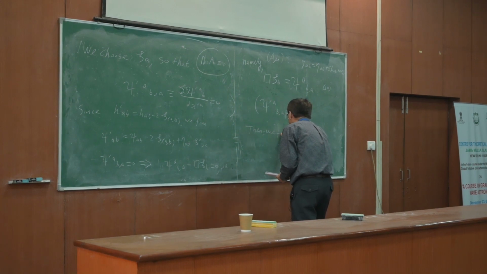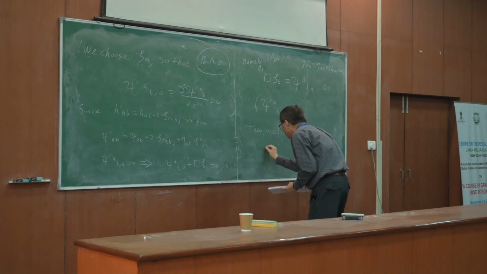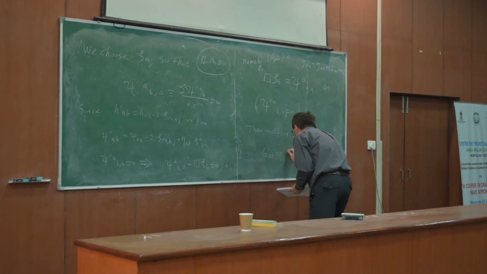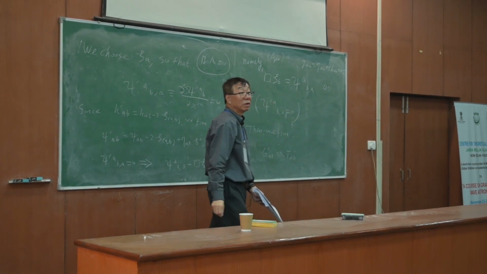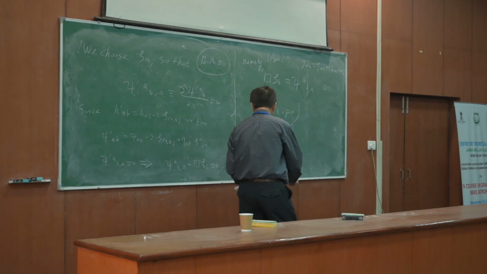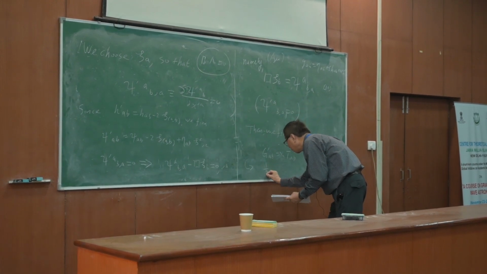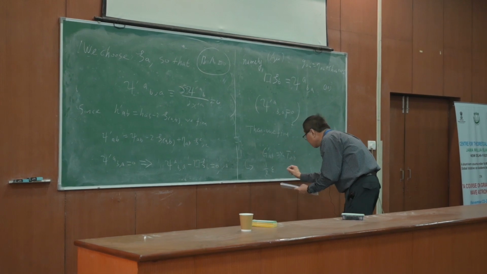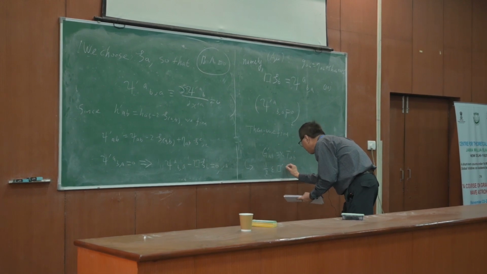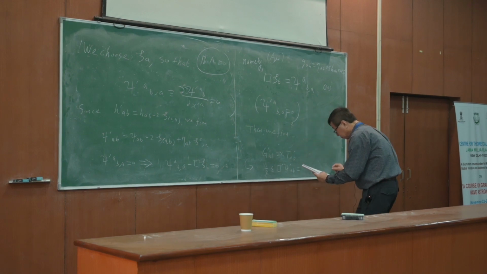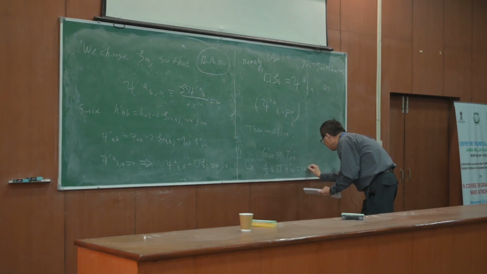we find G prime AB equals kappa T prime AB. So this simply becomes one half epsilon box prime h prime AB equals minus kappa T prime AB.